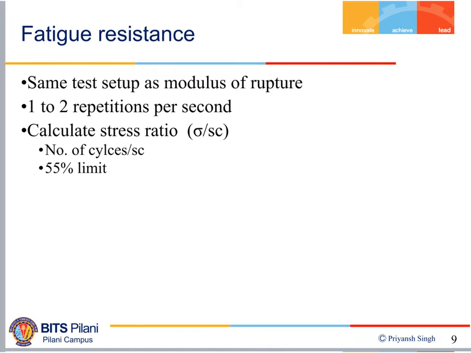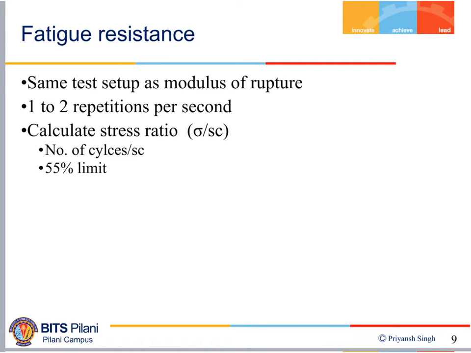With a repeated number of loads on the concrete, the strength to take the particular fatigue or particular load decreases with increase in number of cycles. To calculate the fatigue resistance, the same test as modulus of rupture is done on the rigid pavement.